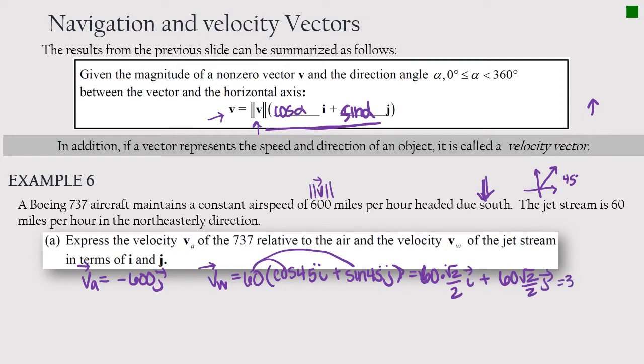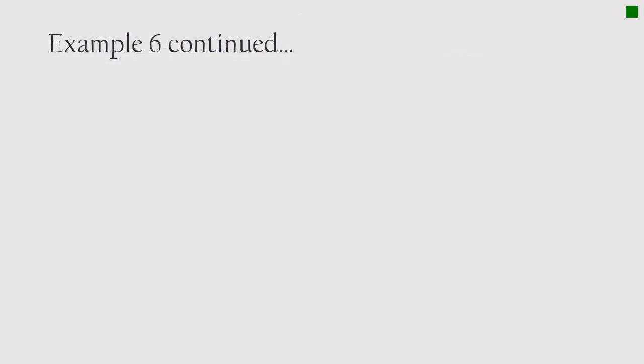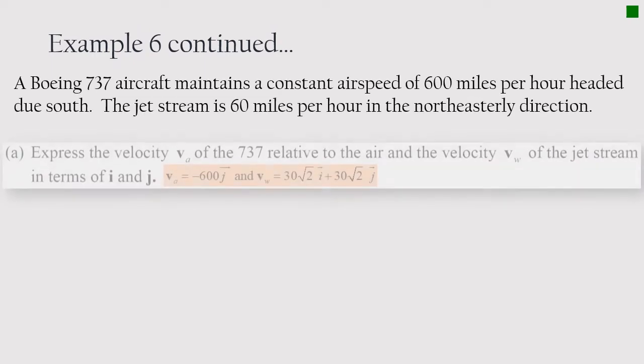So that gives me 30 root 2 i plus 30 root 2 j. If we were approximating that, that would be about 42.4i plus 42.4j.